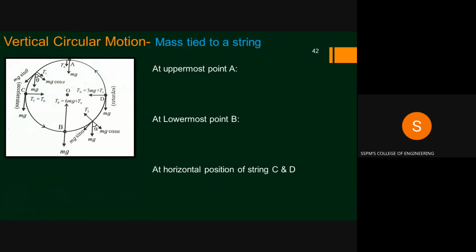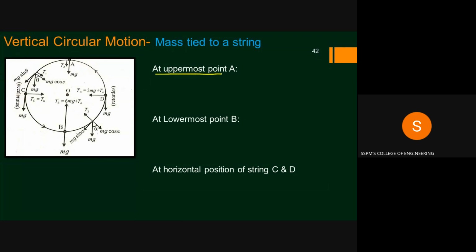Now the next concept is about the object moving in a vertical circular motion, or in the vertical plane. When the object is moving in a vertical circular motion, it will have different velocities at different points.